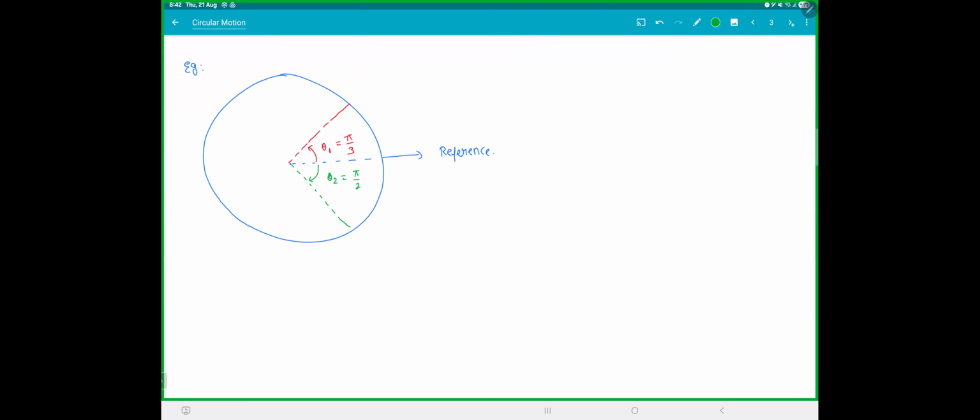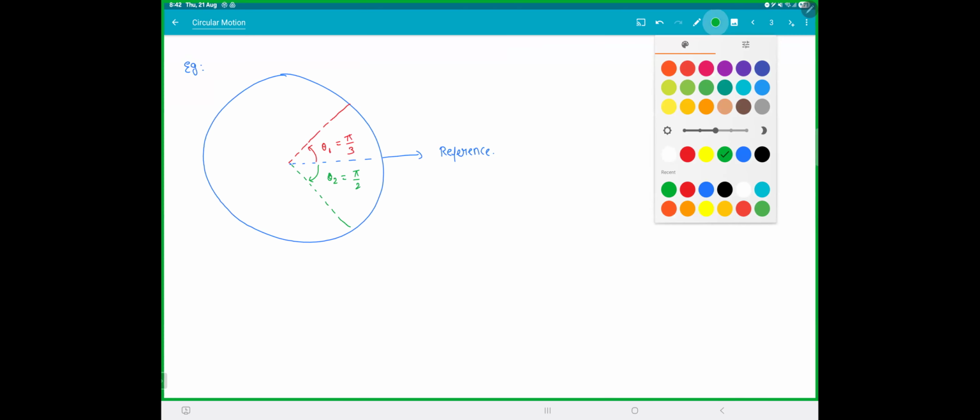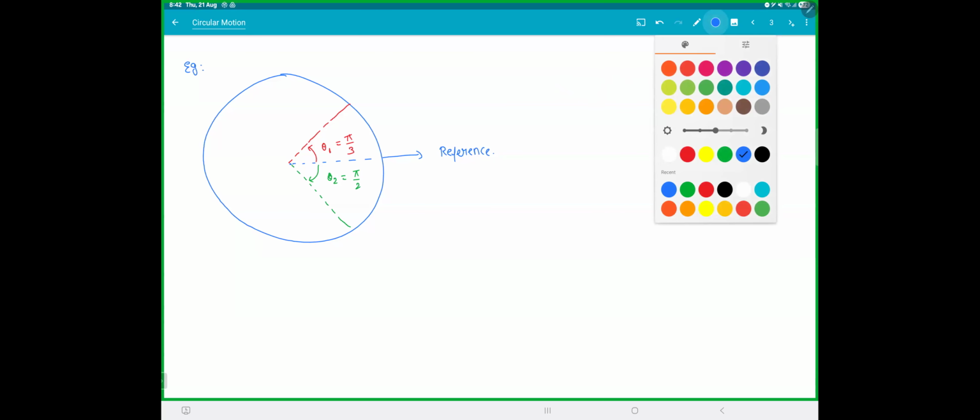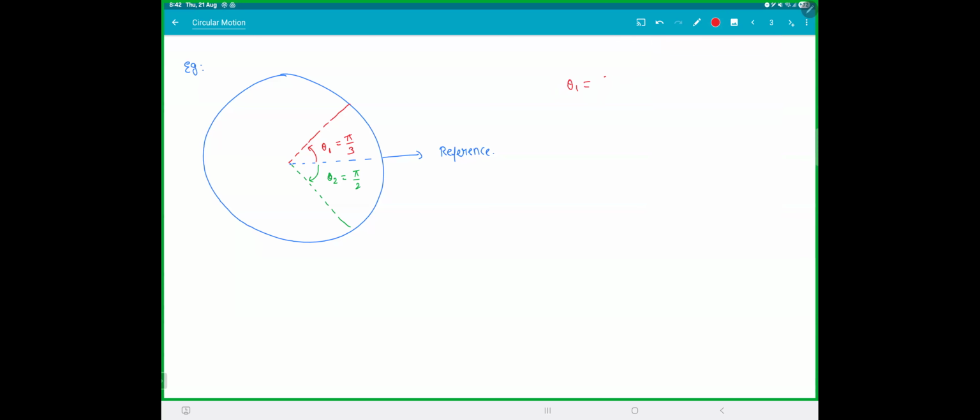These are angular positions. Someone asks you, what is the angular position theta 1? This is how you write it in vector form, pi by 3. Look at the direction: it is rotating anti-clockwise, so we put it as k cap. So theta 1 is pi by 3 k cap.